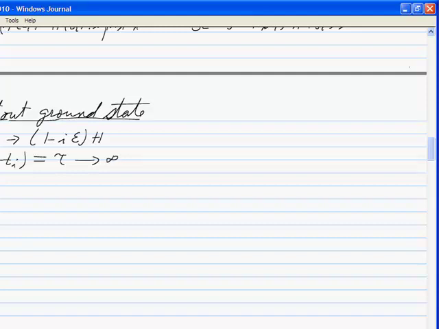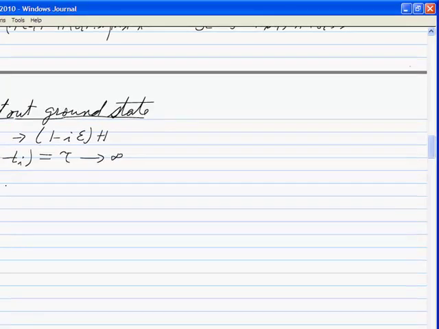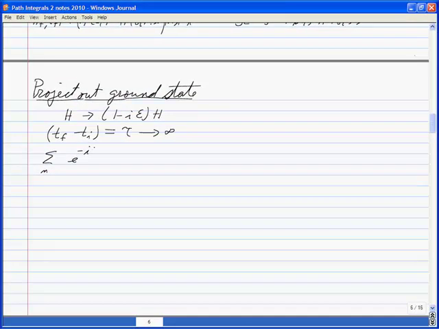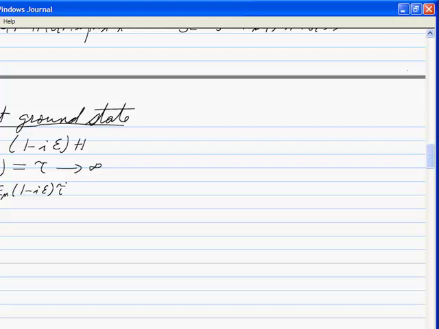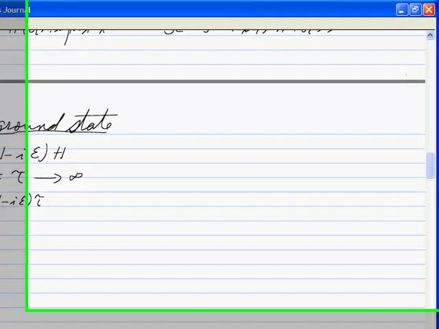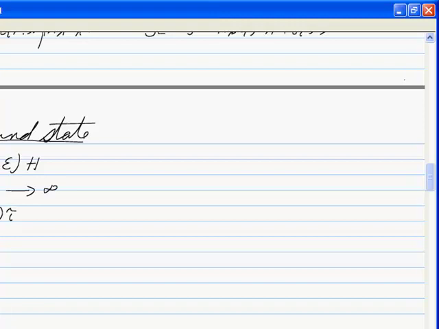Then you've got the sum over n projected out, e to the minus i E n (1 minus i epsilon) tau. Having put the i epsilon in with the right sign, you take this minus epsilon tau. This sum goes over to e to the minus i E 0 plus things that are exponentially small.